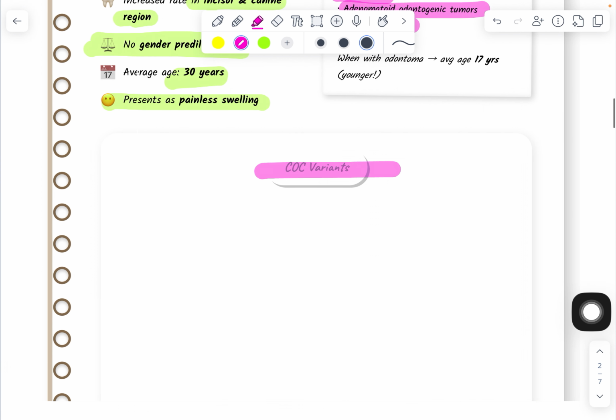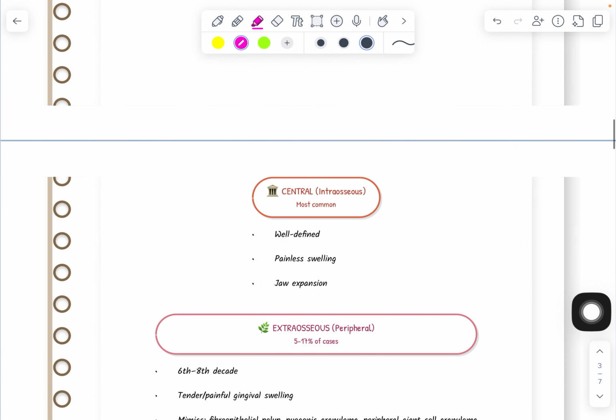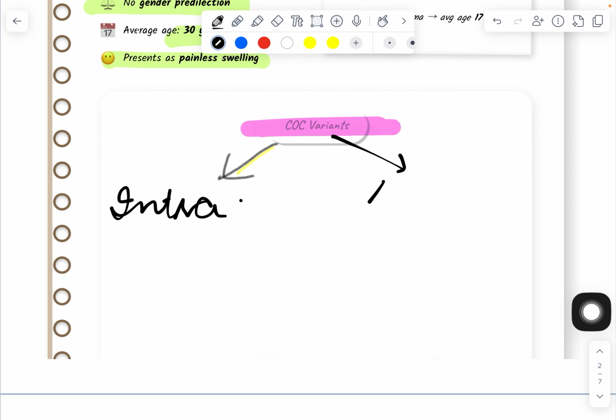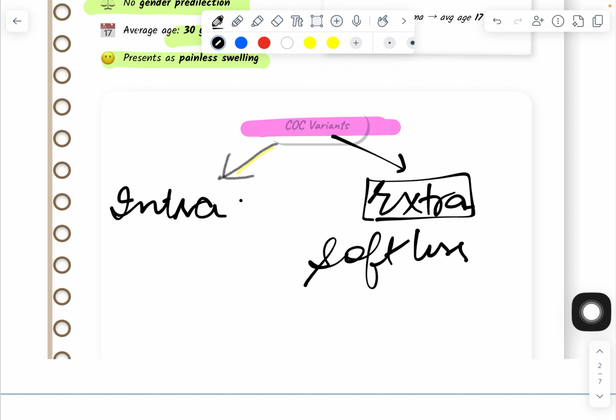So it has two types of variants. Now its variants will be of two types: the first one will be the intraosseous, and the second one will be the extraosseous. Extraosseous will be associated with soft tissues. It's obviously clear.